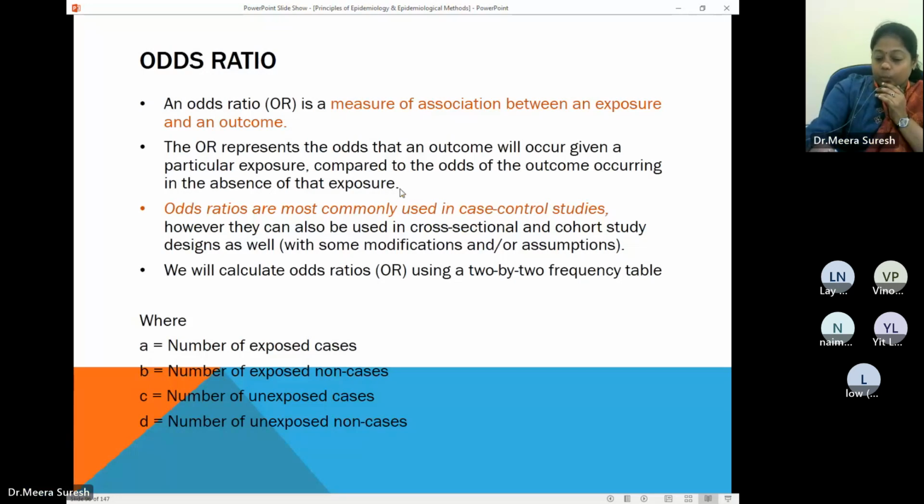Which means when we are calculating the odds ratio, we are following the concept of what are the chances that a person can develop lung cancer if he is smoking, and what are the chances a person can develop lung cancer if he is not smoking. I repeat, what are the chances a smoker will develop lung cancer, and what are the chances a non-smoker will develop lung cancer? Now we put it into numbers.